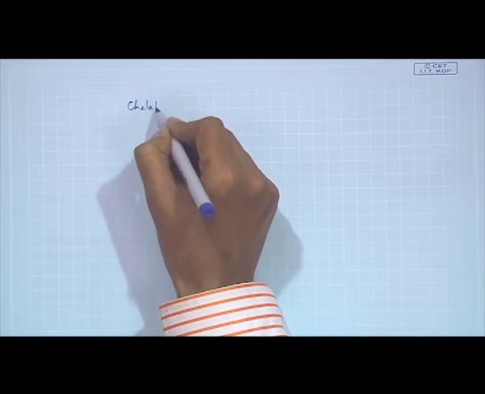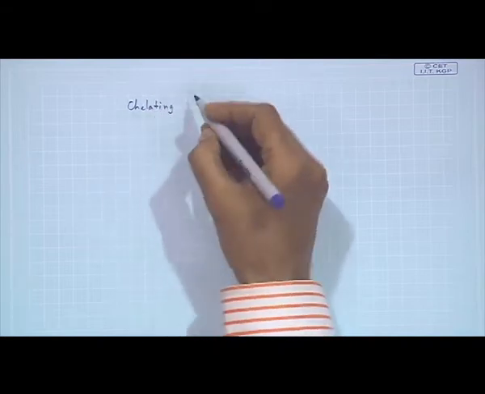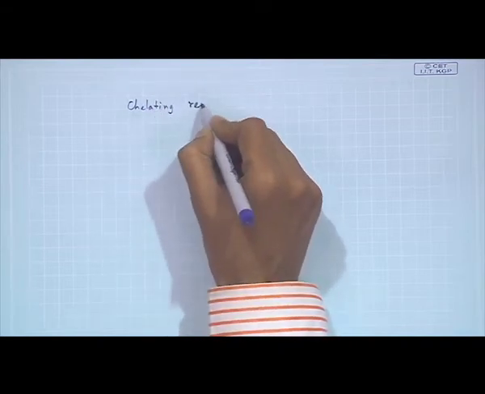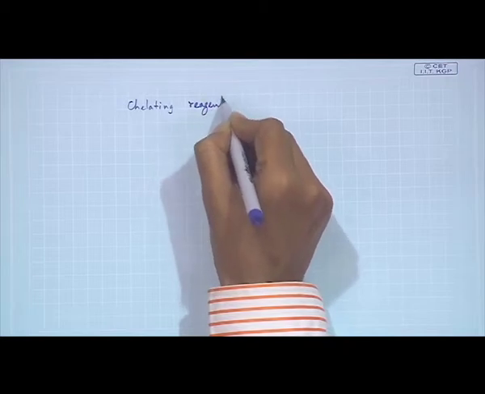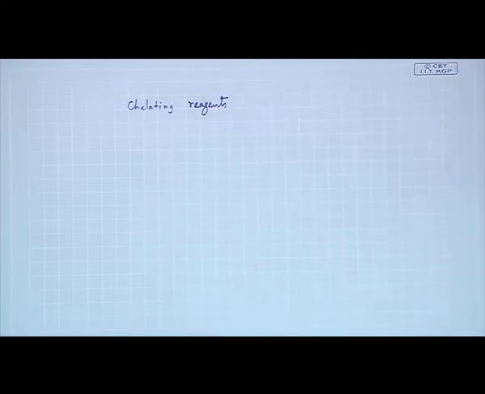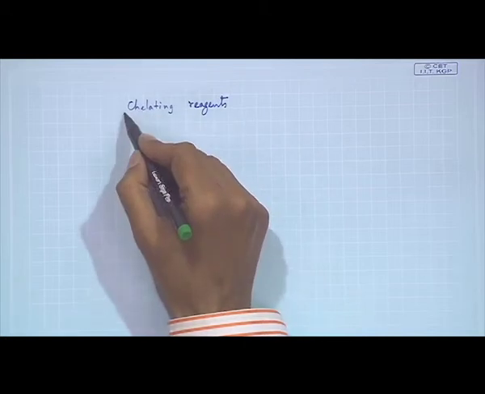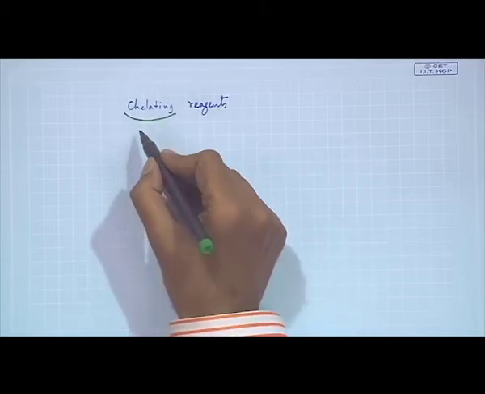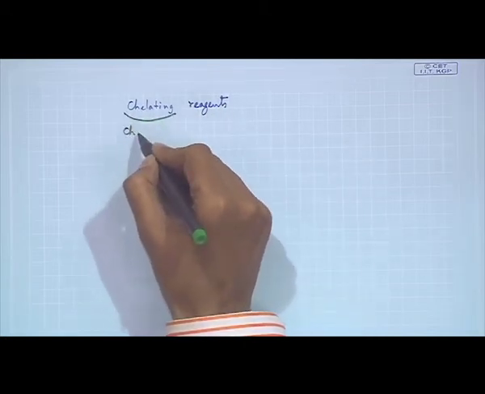Okay, welcome back to this class again, where we will be continuing the corresponding chromophoric reagents for your analysis. So, we are taking the help of chelating reagents. This is interesting to note over here, because we are just looking for the chromophoric reagent.